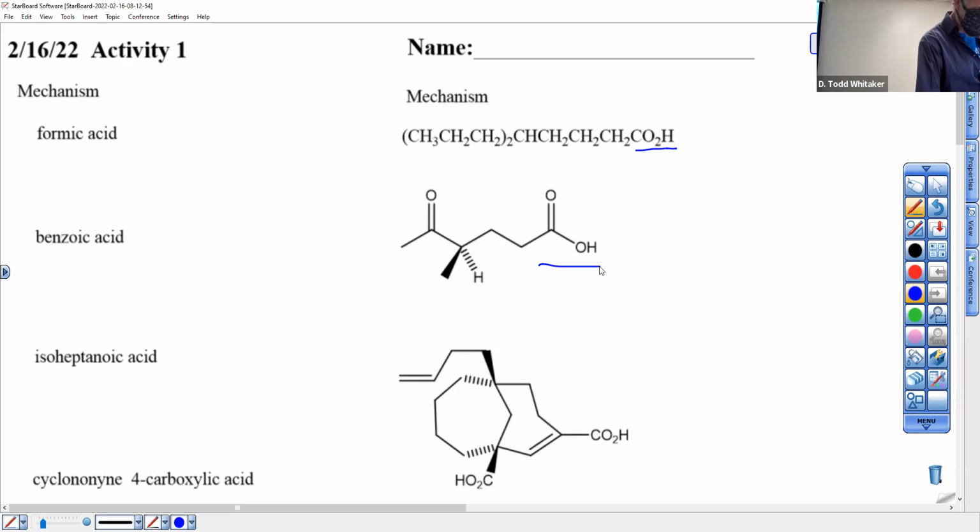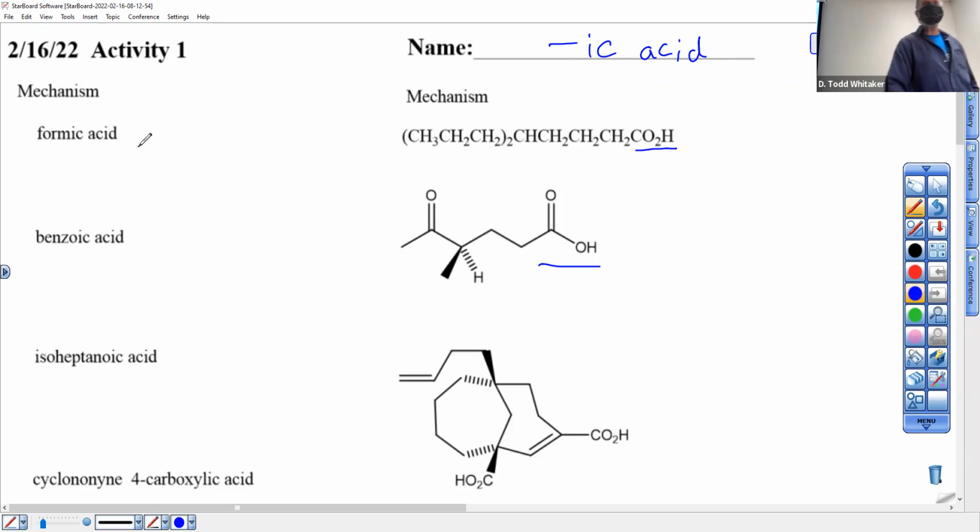And they all end with ic acid. No huge surprise. They're called carboxylic acid. So no surprise, these all end with ic acid.